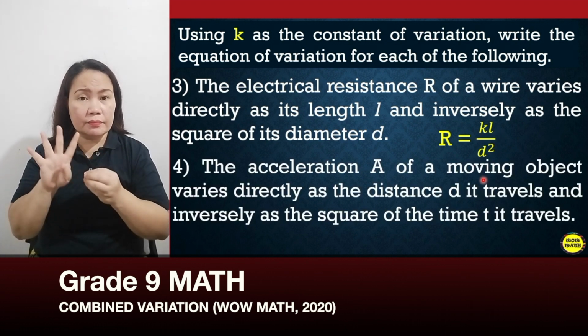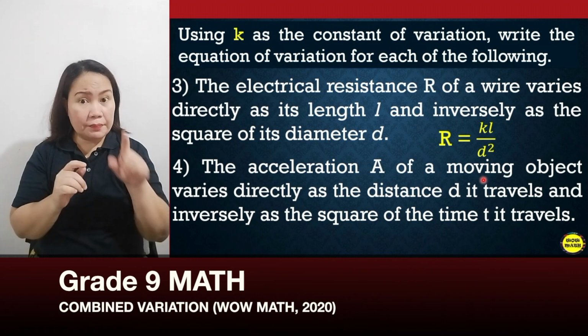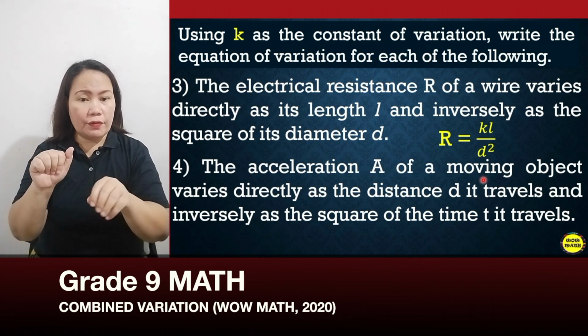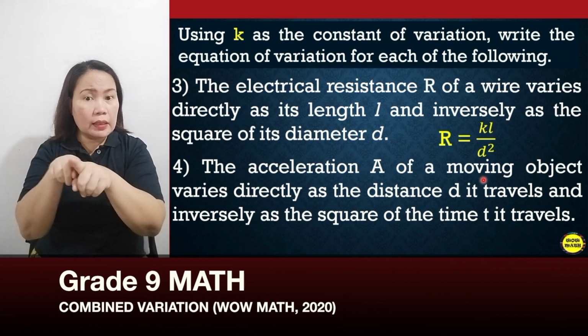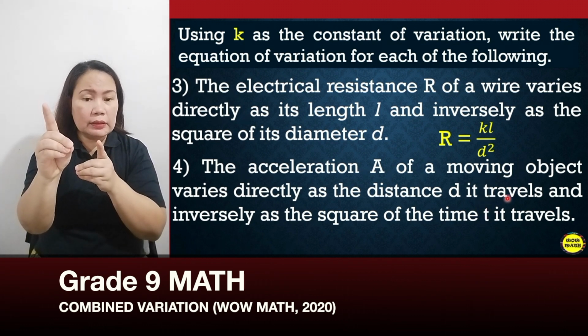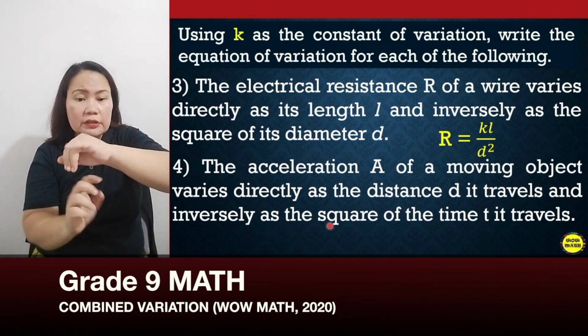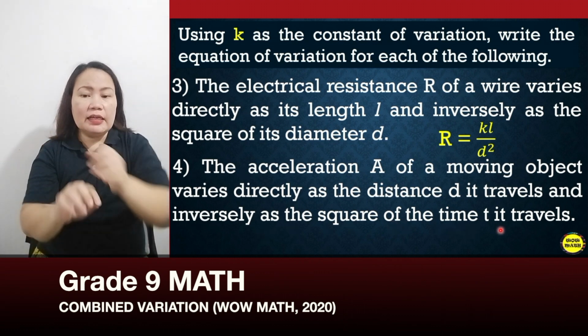For example number 4, the acceleration A of a moving object varies directly as the distance D it travels and inversely as the square of the time t it travels.